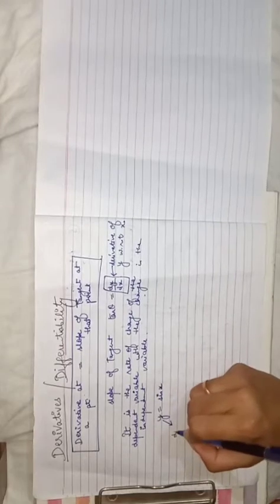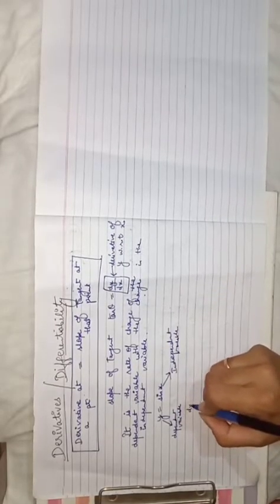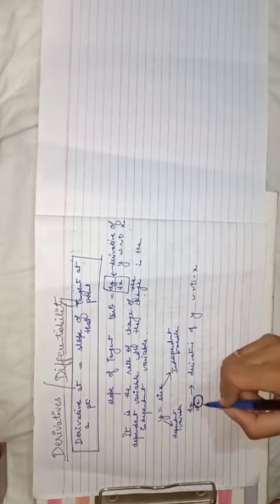If you have y equal to sin x, then you know that this y depends on this x. So y in this case is the dependent variable, because it is dependent on x, and x is our independent variable. So when you write dy by dx, it is the derivative of y with respect to x. This means when we change x, what will be its effect on y?